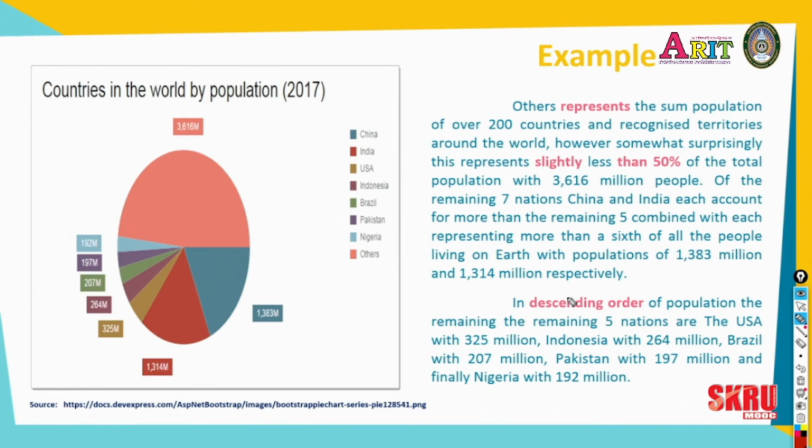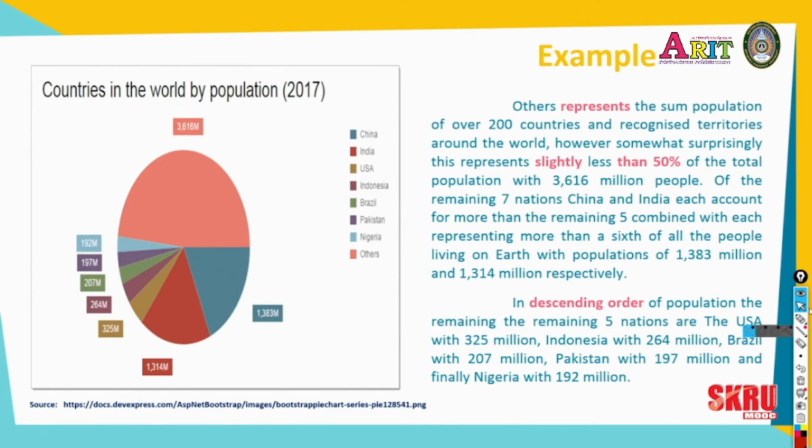And that's quite a common phrase to use to describe a list of countries or a number of things together. We can name the 3 or 4 items and then the data respectively in the same order. From there, we look at the remaining 5 countries in descending order of population, so going from the biggest to the smallest.